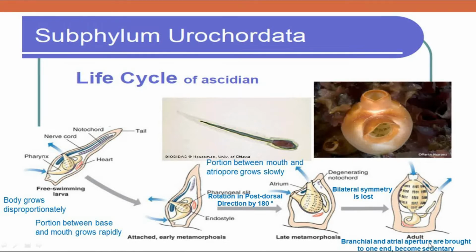Then branchial and atrial apertures are brought to one end and it becomes sedentary or attached with the substratum. Because here you can see the adhesive papillae, they became swollen ampullae, and they are used for the attachment of the body with the substratum. This is all about the retrogressive metamorphosis of the subphylum Urochordata.